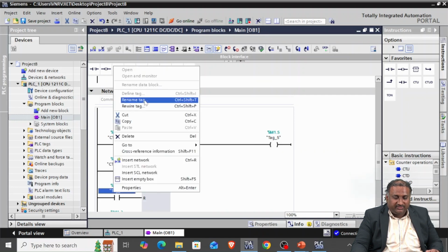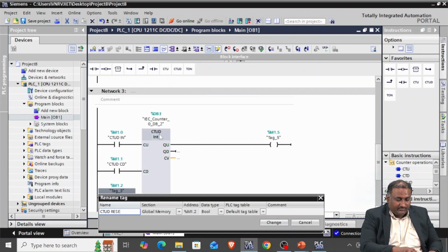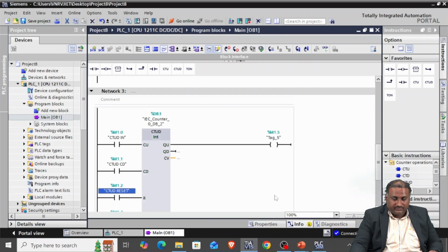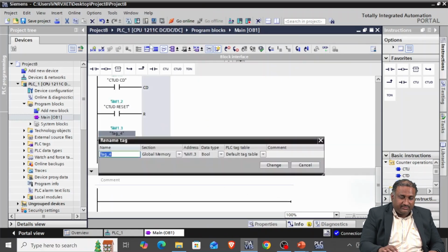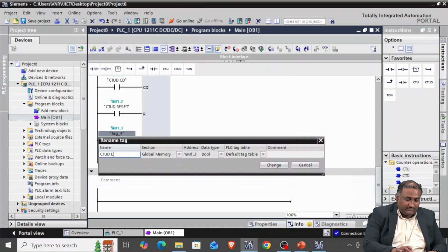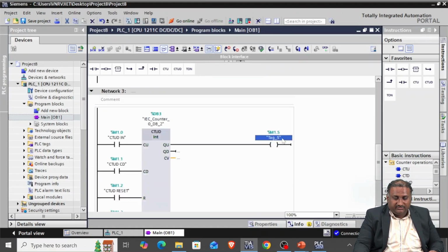This is my reset switch. This is my load button. And this is my output.